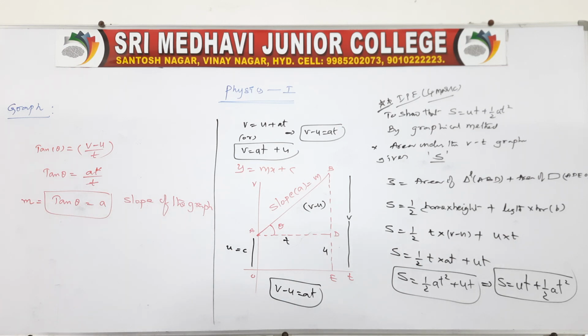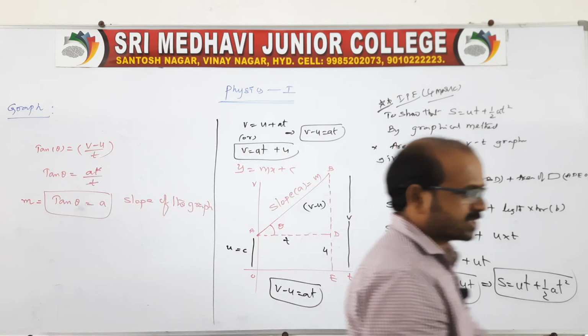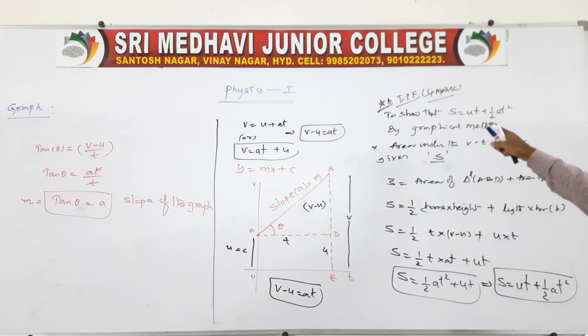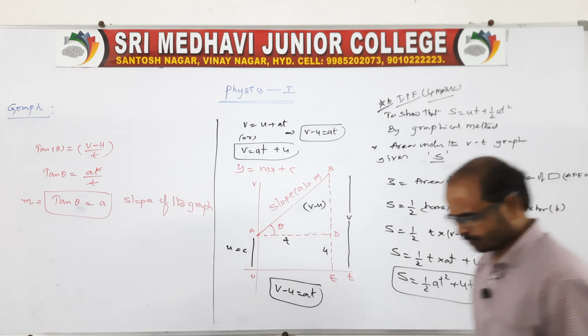So a is the slope, therefore we can also take it as m. So this is the graphical representation. By the graphical method, s is equal to ut plus half a t square. The proof will be like this. You go through this.